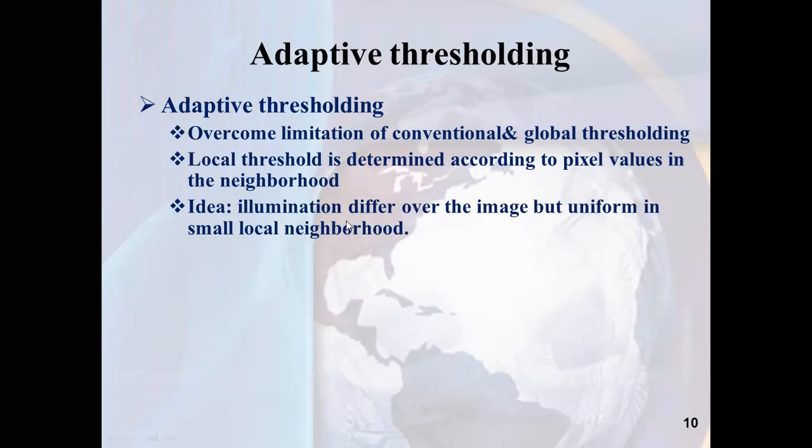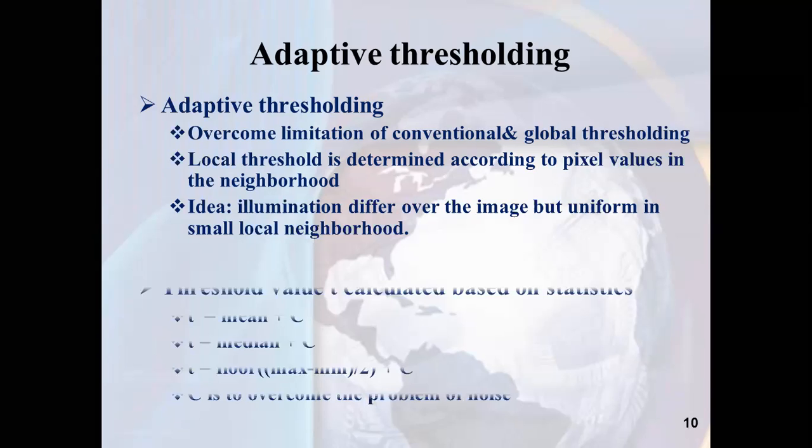In this case, the image is not illuminated in a uniform way. So for that, we divide the image into small windows, and in every window we apply a thresholding algorithm in order to divide the foreground from the background, and after that, we obtain the image.